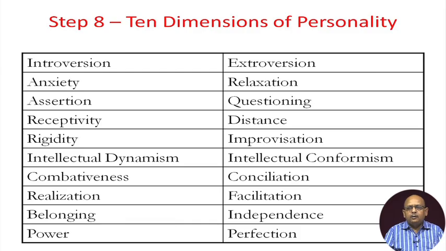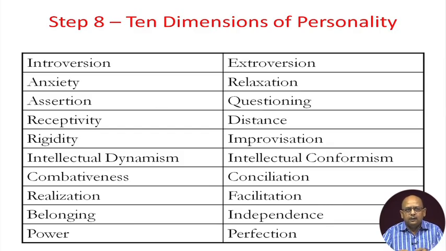So, for example, introversion versus extroversion. What kind of qualities would be required for sales people, right? The level at which this personality dimension would be required. So, you have a scale moving from introvert to extrovert.